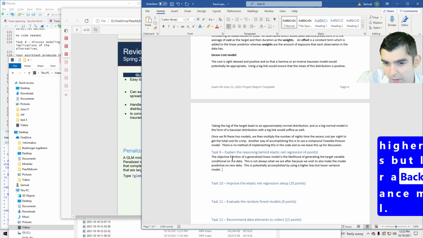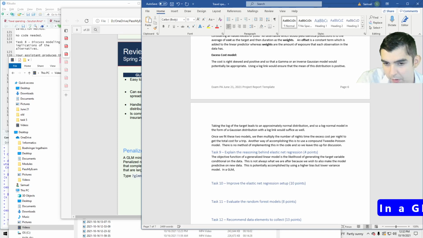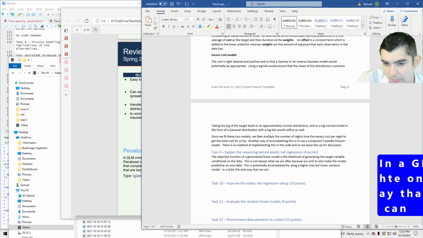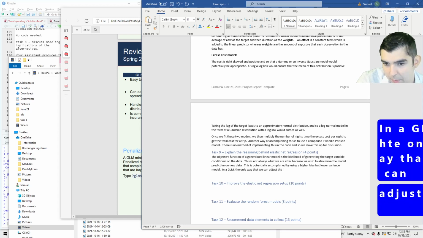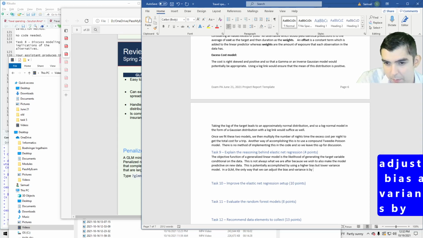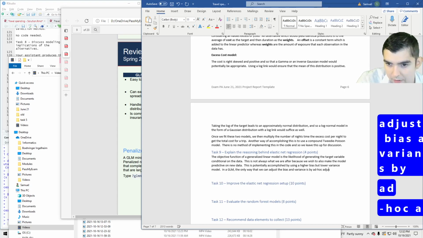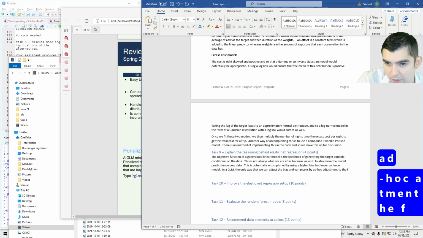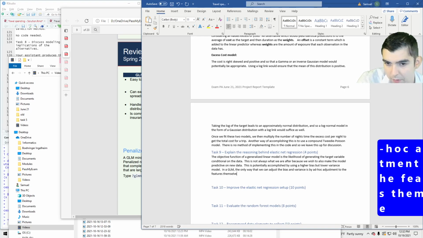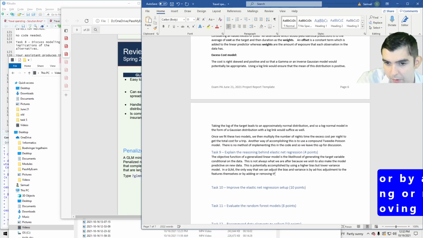So in a GLM, the only way that we can adjust the bias-variance is by ad hoc adjustment to the features themselves, or by adding or removing them.